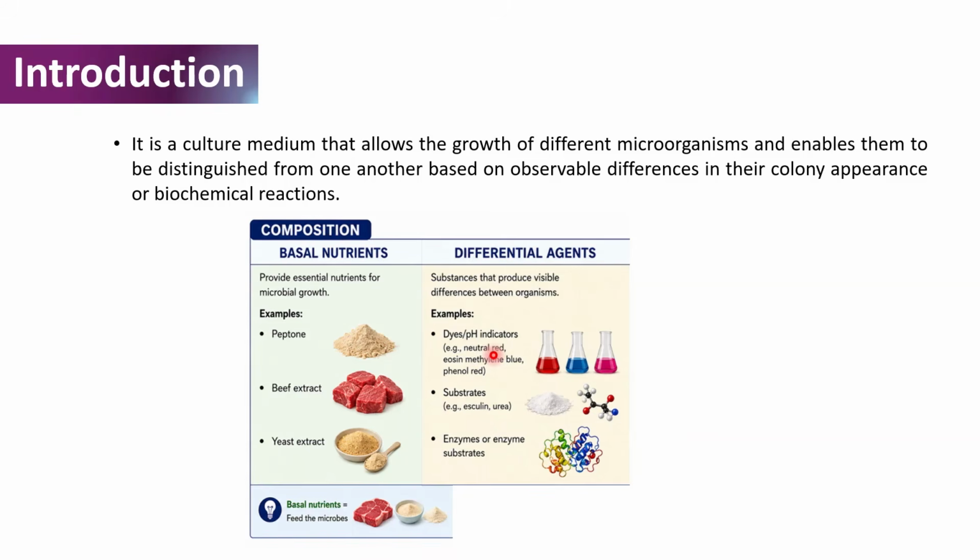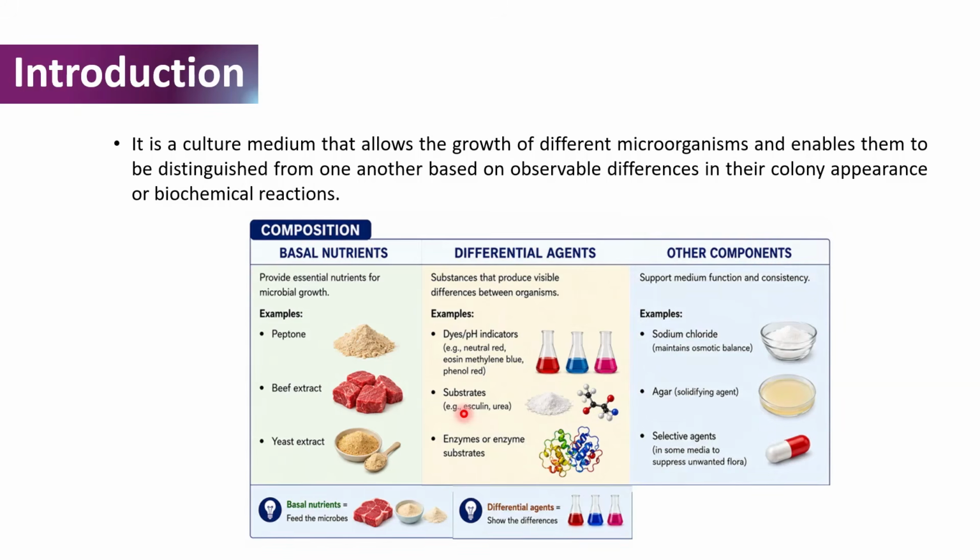We also have esculin, which is used as a differential substrate to identify bacteria that produce the enzyme esculinase, and urea to identify bacteria that produce the enzyme urease.